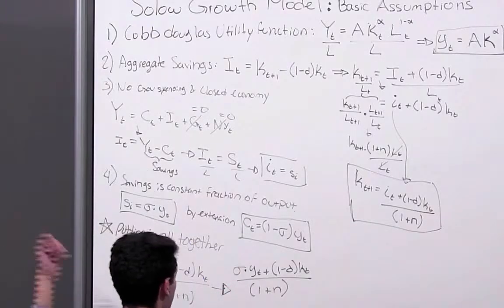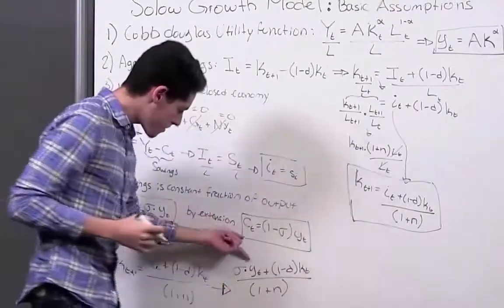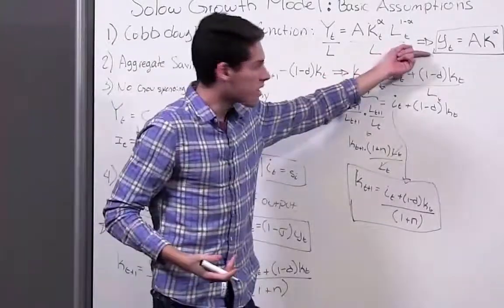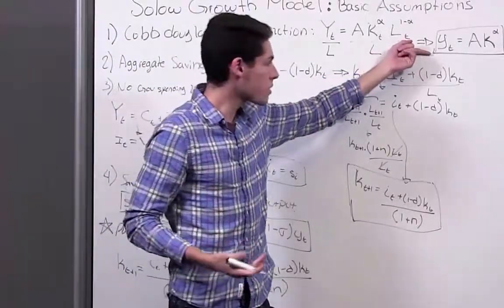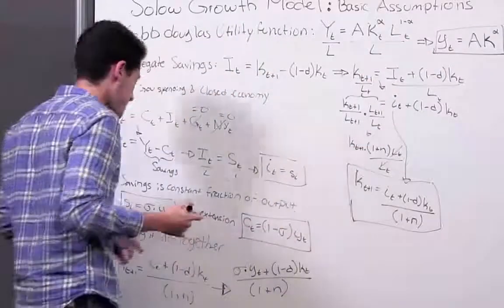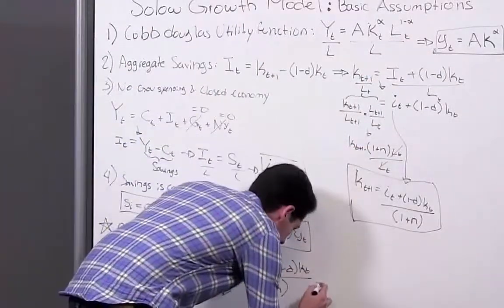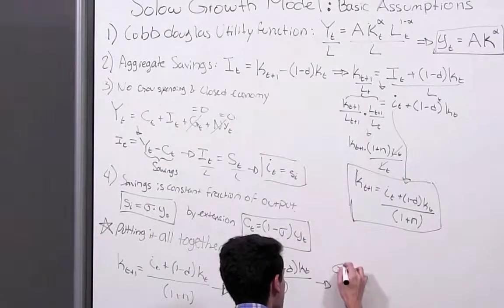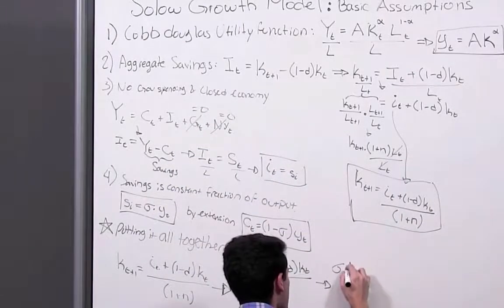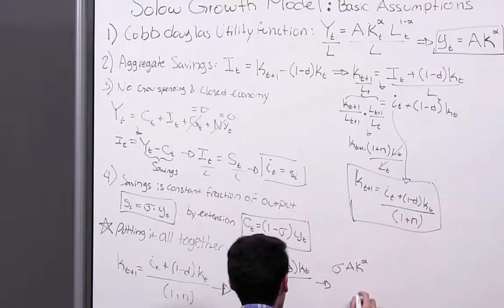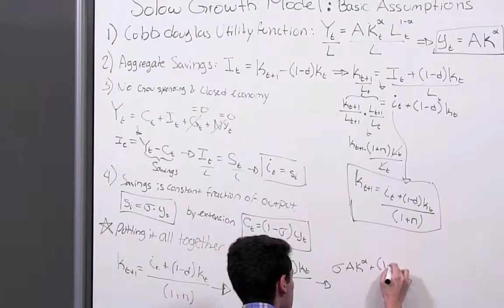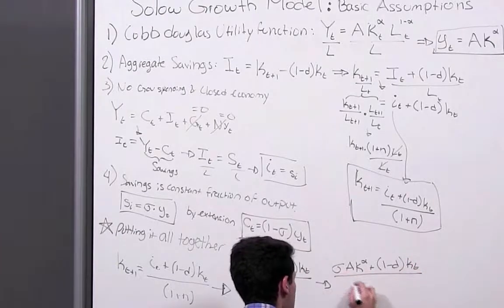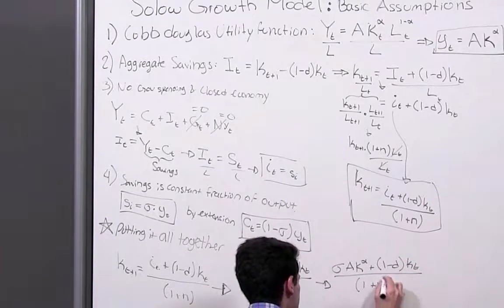All right. At the same time, we also know that output can be described by this function right here. Output is equal to A k to the alpha. So once again, let's substitute that in and rewrite this as sigma times A k to the alpha plus 1 minus d k t over 1 plus n.